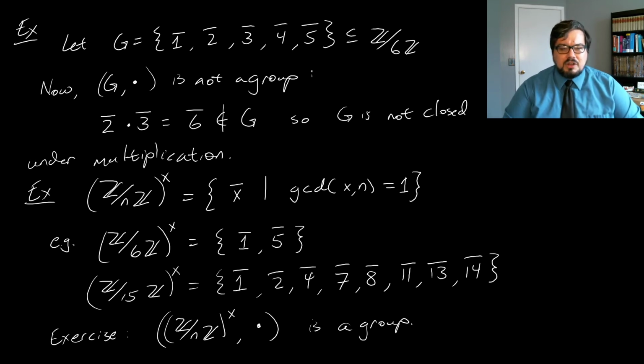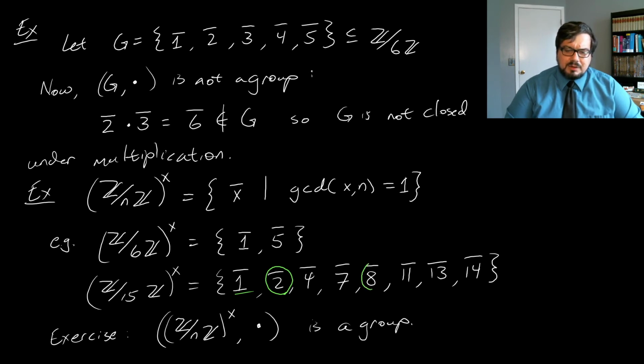So we can just go and confirm that that's the case, because it doesn't look immediately like it should be. For instance, if I take 2 bar in Z mod 15Z, I want to find some other element of this group that I can multiply by 2 bar that will give me the identity, which is the equivalence class of 1.